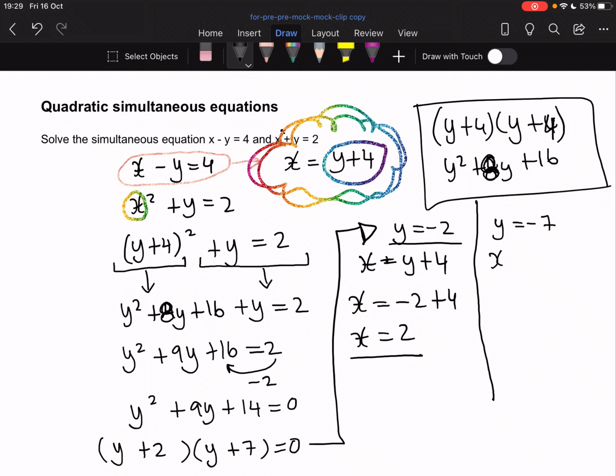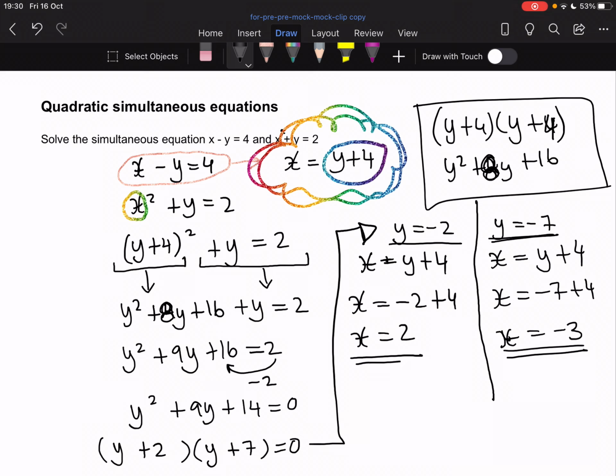And I'm going to choose the same equation, obviously, x equals y plus 4, to substitute my second value. So x equals, now y is minus 7. So I put minus 7 plus 4. So x would be equal to minus 3.